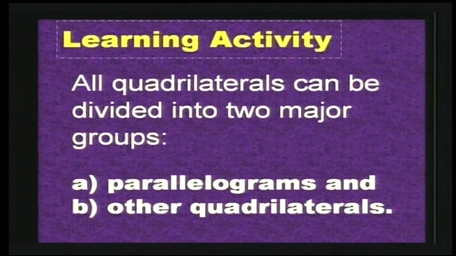We can separate different quadrilaterals. For example, it can be divided into two groups. The first group we can say parallelograms, and the second group is other quadrilaterals. Now, in today's lesson, I am going to show you those two types of groups, which are all coming under quadrilaterals.